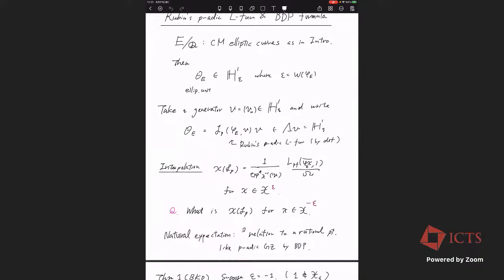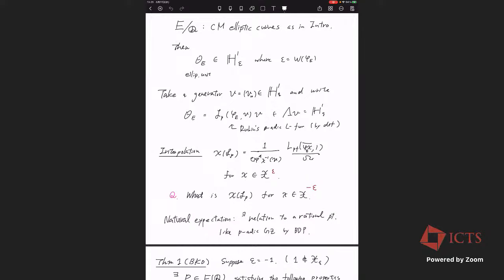We fix a generator v of H^1_epsilon and write theta_E like this. The p-adic L function is the ratio of local units and elliptic units. It's classical: usually the p-adic L function is the local unit modulo the zeta element. So we define Rubin's p-adic L function by this formula.